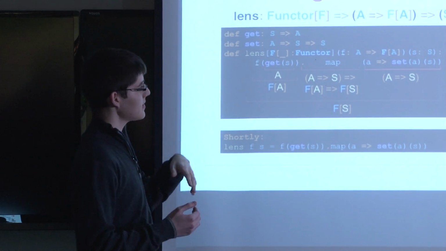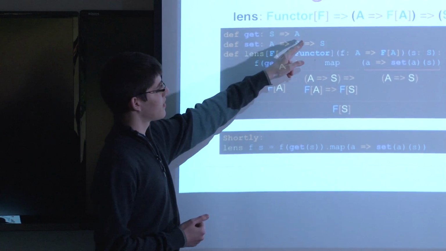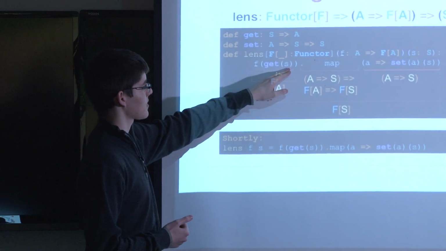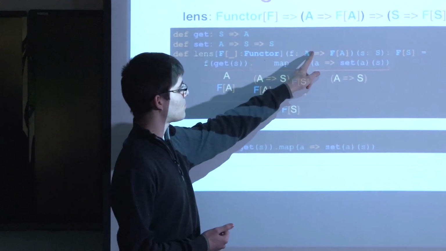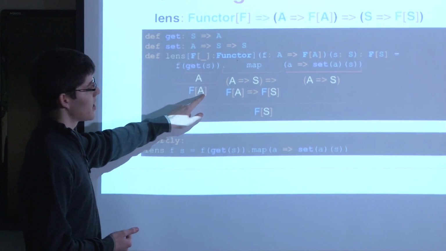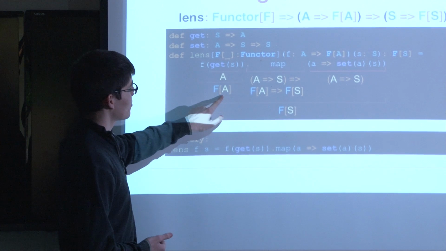Remember, with the lens, we are given here that we can get from an s to an a. We get an a from a get s. Then apply the function f. We have an a, put the a in, and get the f of a back. Remember that f is a functor, which means we have the function map.